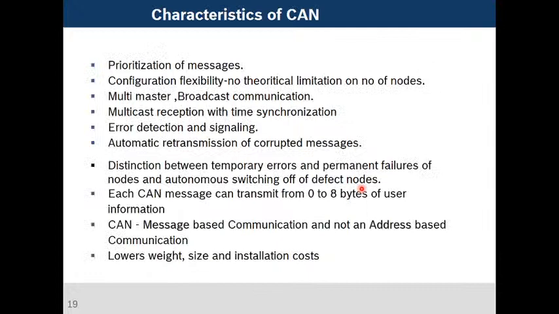The next topic is the characteristics of CAN. The main advantage is CAN prioritization. Based on the CAN identifier, prioritization of messages is possible. For example, in a car you have a braking system, a fuel system, and a music system.